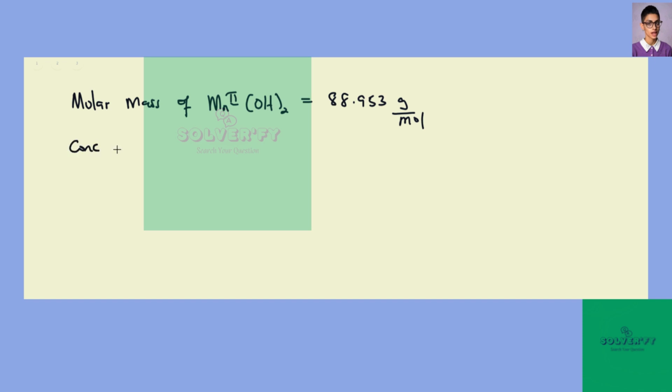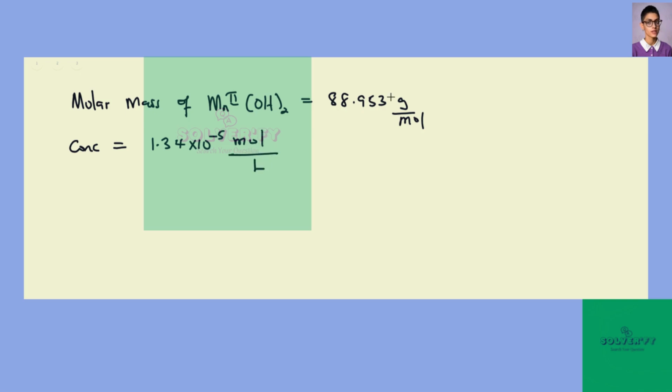Now, to get the solubility in grams per liter, the molar mass of manganese 2 hydroxide is 88.953 grams per mole, and the concentration is 1.34 times 10 to the power minus 5 mole per liter.